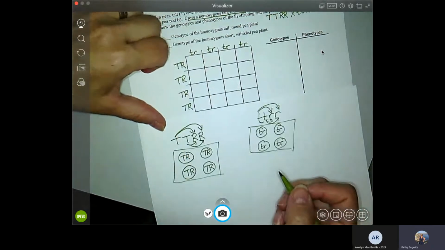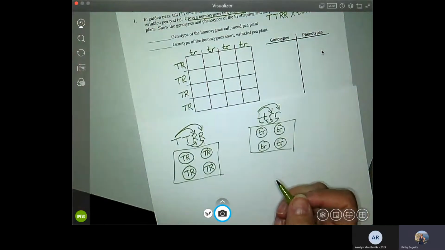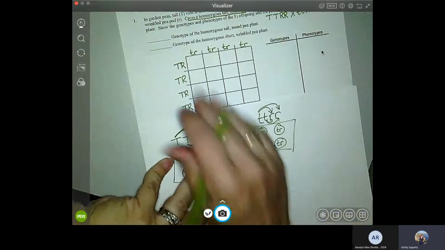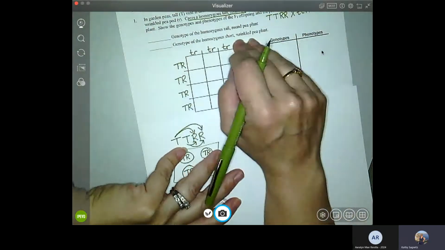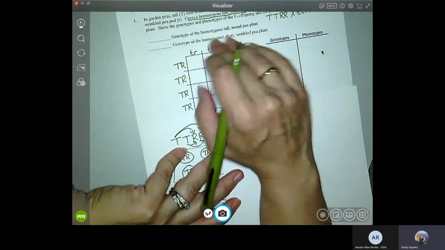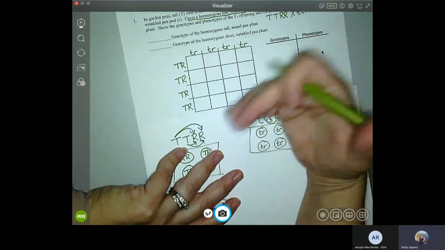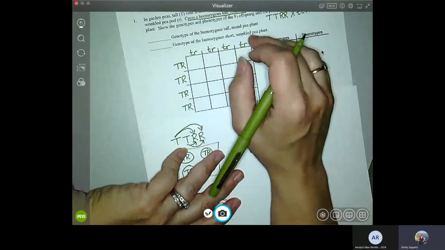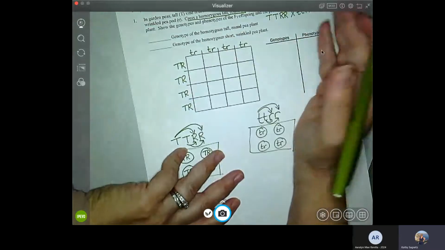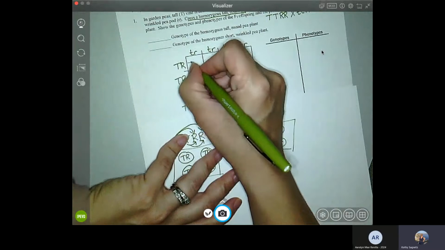Okay? Now remember when we did the eye color and the hair color for our babies? This is what it looked like, right? So mom got to pass on 2 genes for eye color and 2 genes for hair color, right? So it's something like that. And what we did then was we brought the letters back together, right? So we're going to do that again. We're going to bring this over.